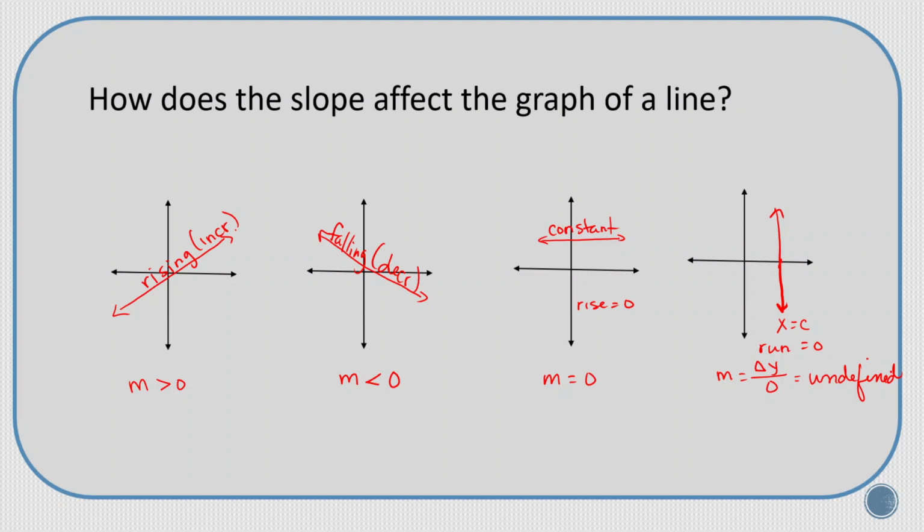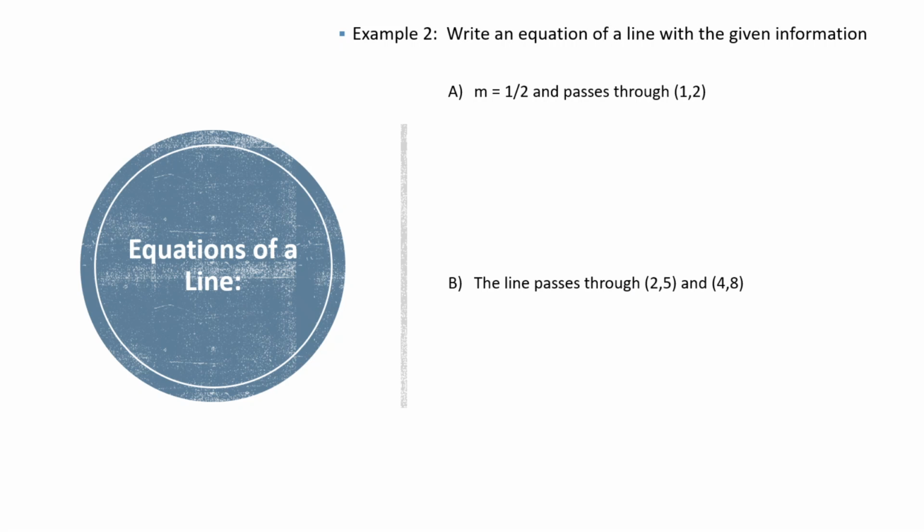Okay. All right, so let's use that information and figure out how to write equations of these lines. So the first thing we want to remember is there are 3 ways to write a line. Y equals mx plus b. So m is our slope, and b is what we call our y-intercept.